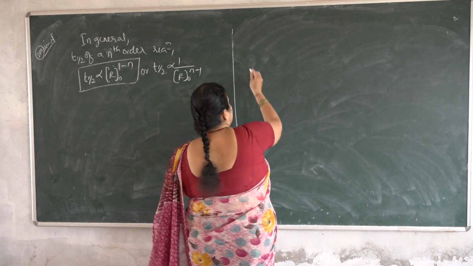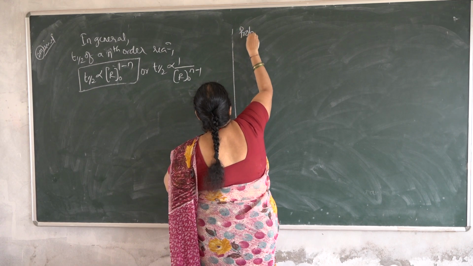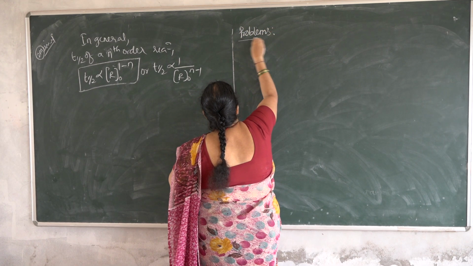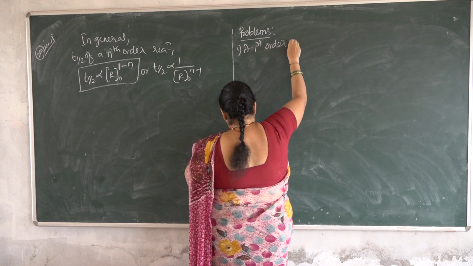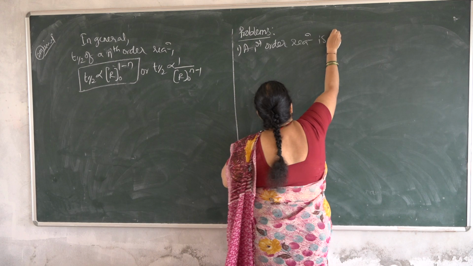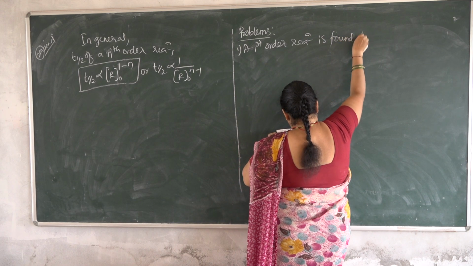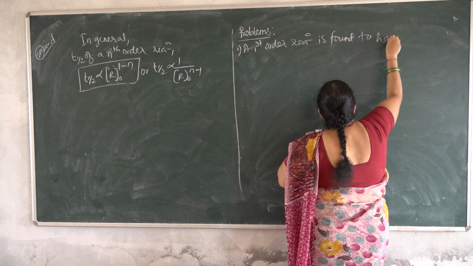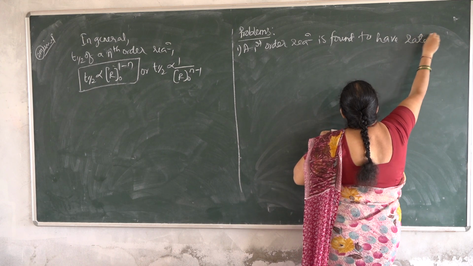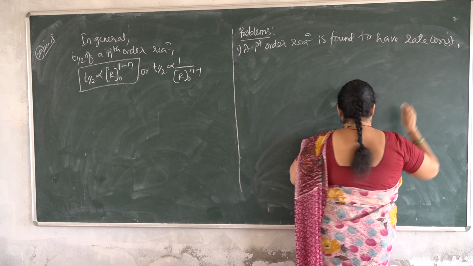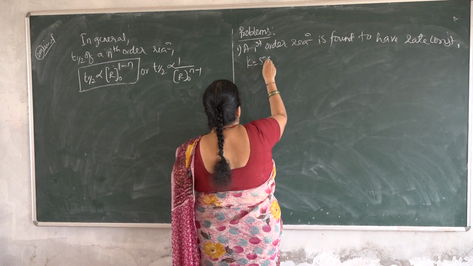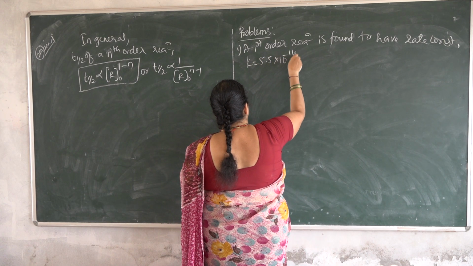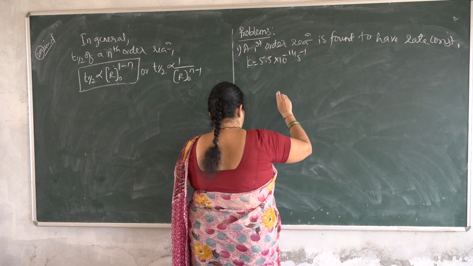First order reaction problems. A first order reaction is found to have a rate constant K equal to 5.5 into 10 raised to minus 14 second raised to minus 1.